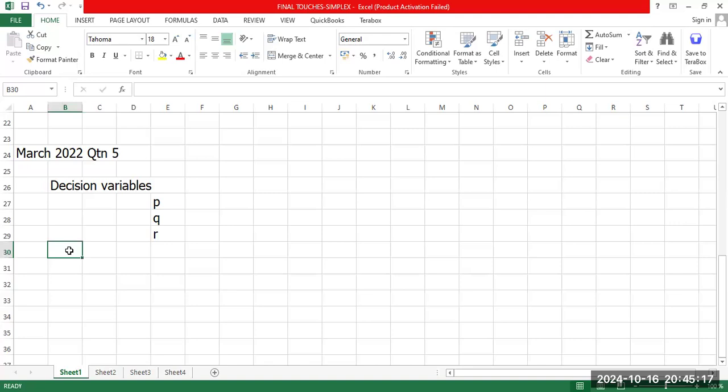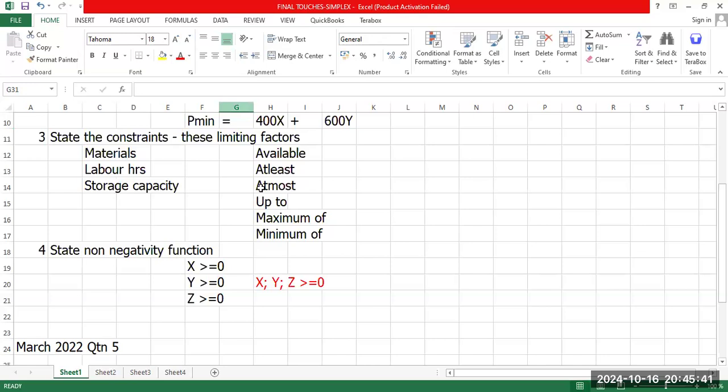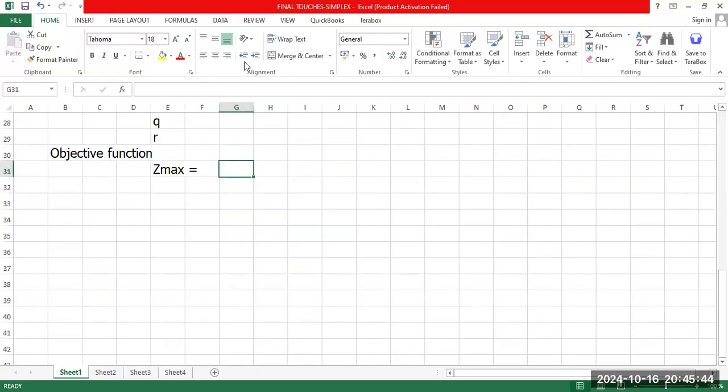Okay, what is our objective function? Objective function, we are told in the question, the aim of this company is to maximize. So I can say Z max is equal to, is equal to what? Z max. We go back, we see whether we are given the profit.